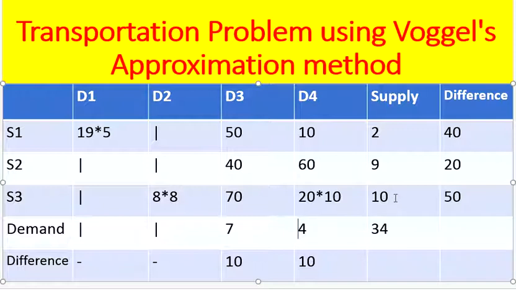So it satisfies the supply, so all of the rest of the elements should be null. It should be null, and 70 also should be null.